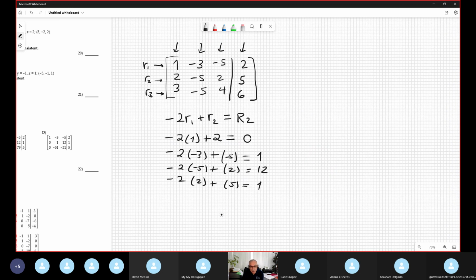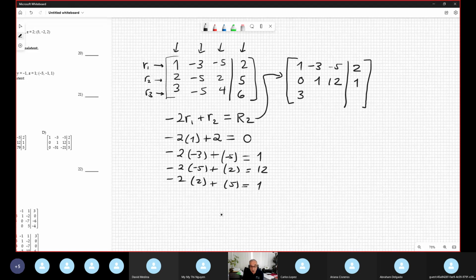So after this transformation, my matrix now is easy, because row 1 participates in the game, however it doesn't change. The only row that changes is row 2, que now is 0, 1, 12, and 1. And row 3 does not participate in the game.